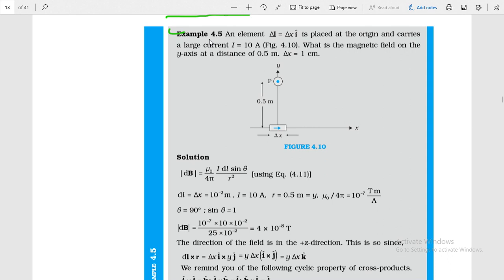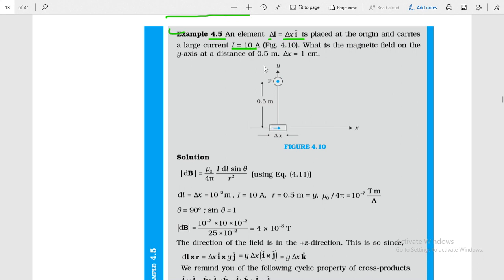This is example 4.5. An element dl is given by delta x i cap, so it means this element delta l is lying along the x-axis, where delta x is the length of this element. You can see in the diagram it is placed at the origin and carries a large current I equal to 10 ampere.